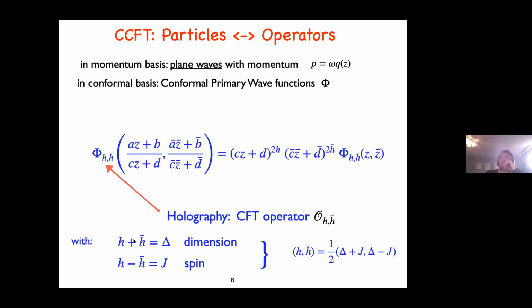As was already discussed earlier, the sum of the two corresponds to the dimension of this conformal primary wave function, while the difference corresponds to the spin. Now, holography tells us that to each conformal primary wave function like this one, we should be able to associate a conformal field theory operator with the same conformal weights as the conformal primary wave function. So that would be our holographic picture.